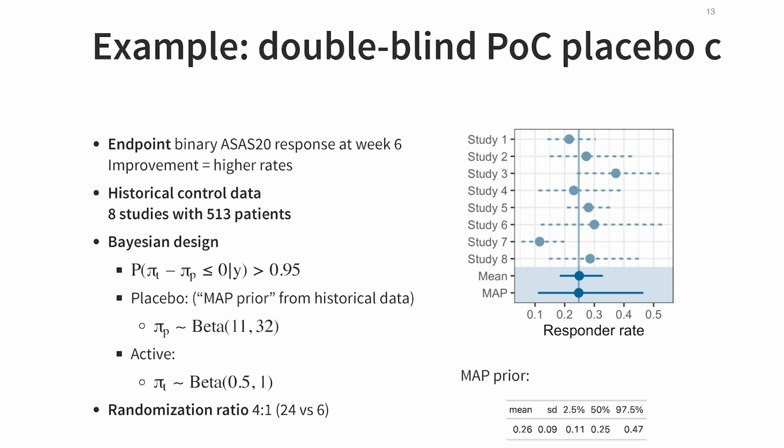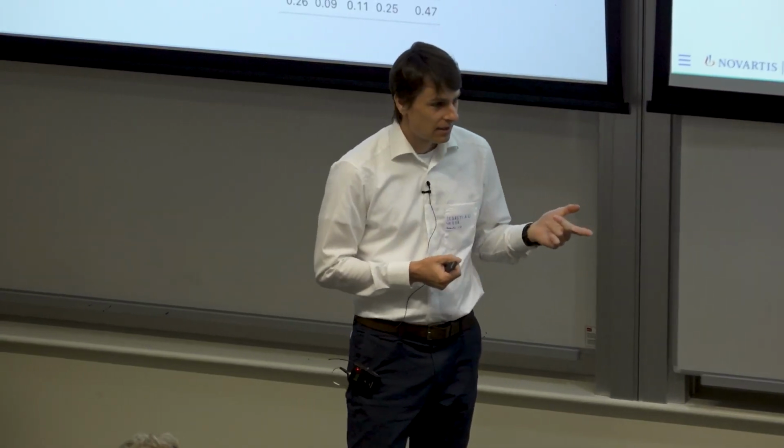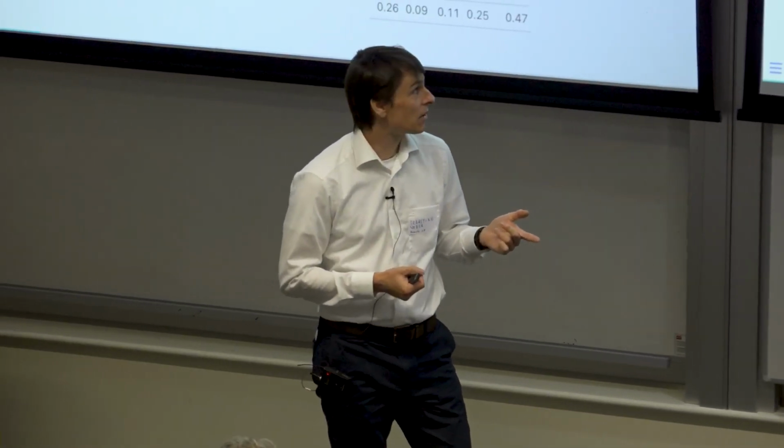And this is where this trial, one of the first trials, did actually leverage this historical control data, ran a fully Bayesian design with the success criteria defined such that we want to have 95% assurance that the treatment response rate exceeds the one in the placebo group.